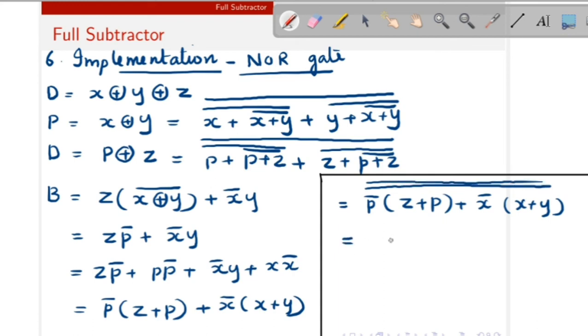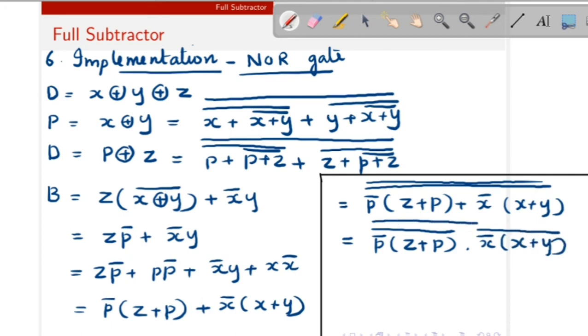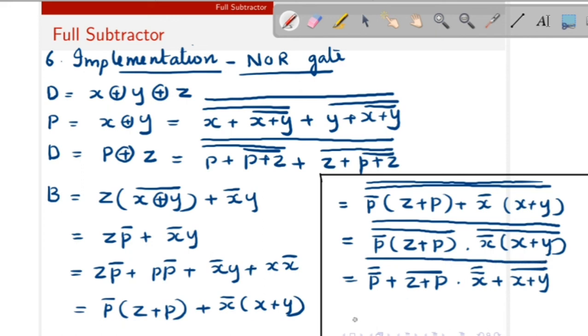Then apply De Morgan's law, that is p bar into z plus p whole bar dot x bar into x plus y whole bar whole bar. Then again apply De Morgan's here, that is p double bar plus z plus p bar dot x double bar plus x plus y bar then whole bar, where p double bar is equal to p.